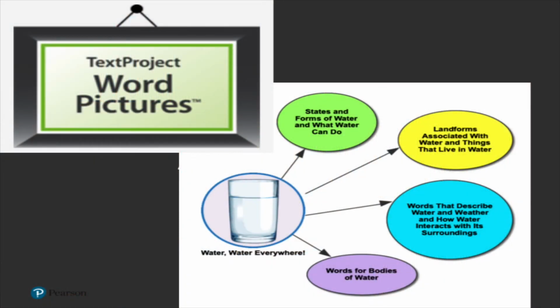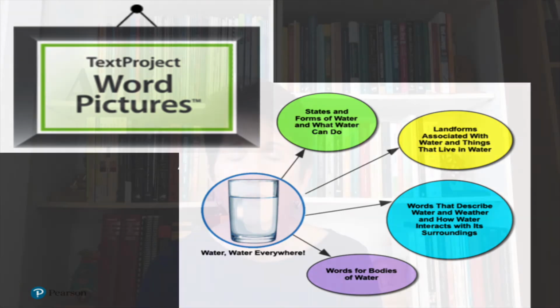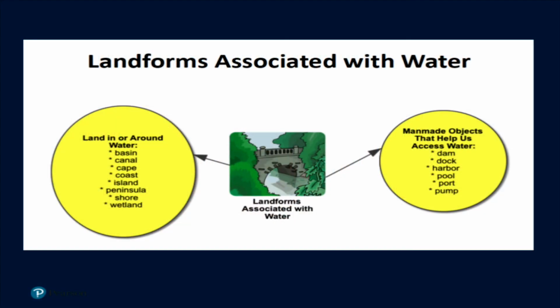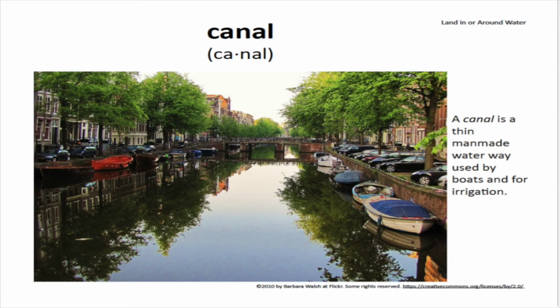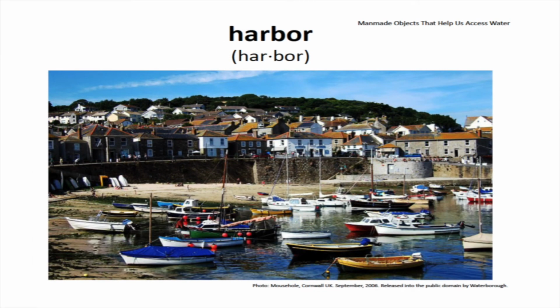It turns out we have lots of words for water, which makes a lot of sense in that our planet is 75% water. What we've done is we've taken a network of showing all the words in that cluster, and then we've divided them into more specific areas so kids can get an understanding of how the domain works. And we've included pictures, and this is really, really useful for students who are English language learners.